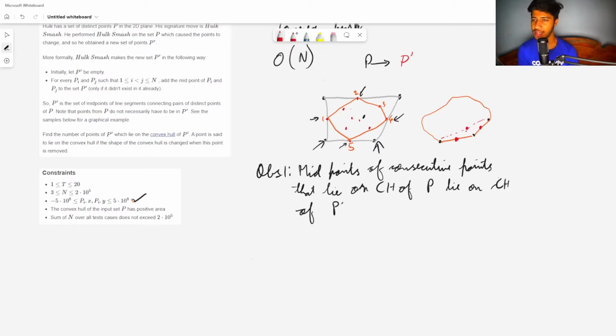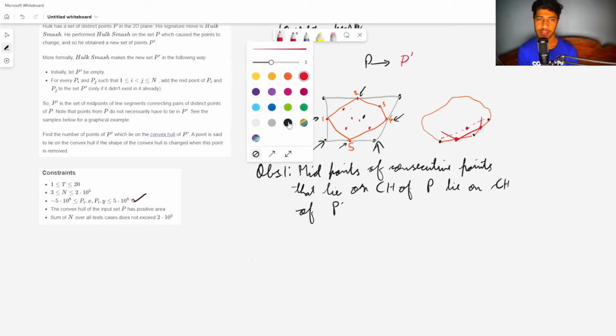This point will not lie in the convex hull of P dash, right? Because these 2 points will already be a part of the convex hull. So the midpoints of non-consecutive convex hull points of P will not be lying on the convex hull of P dash. So that is our second observation.